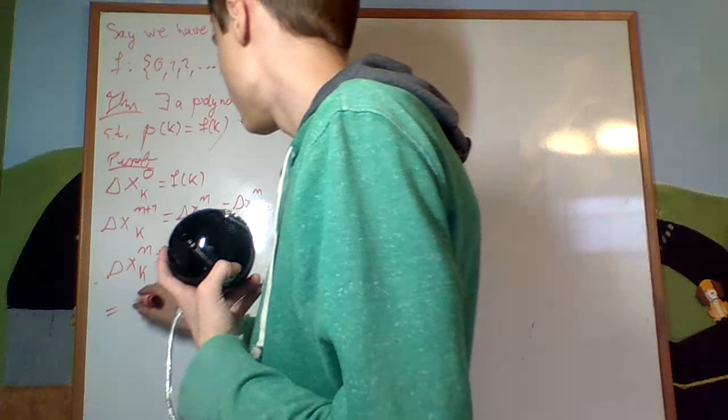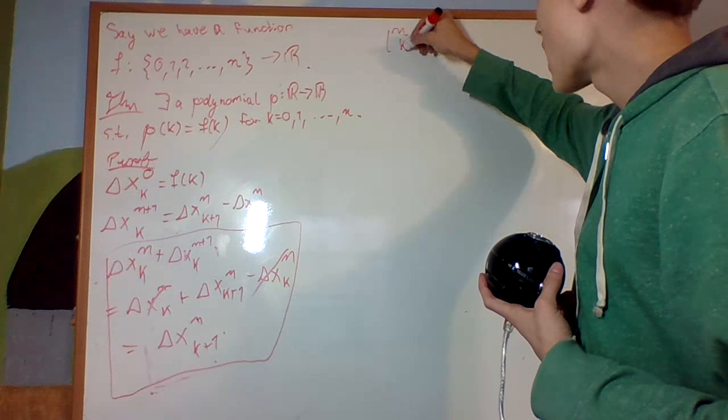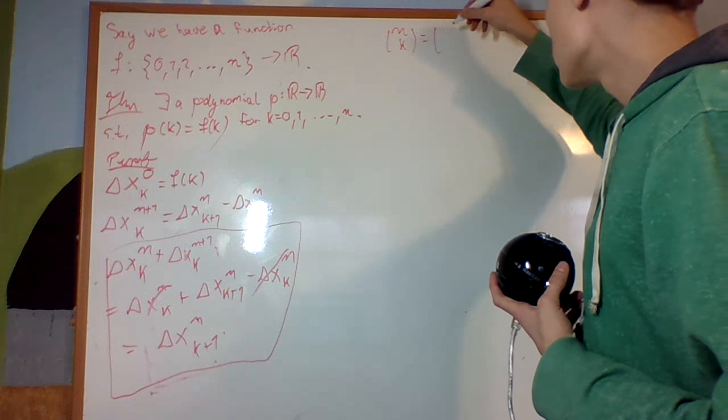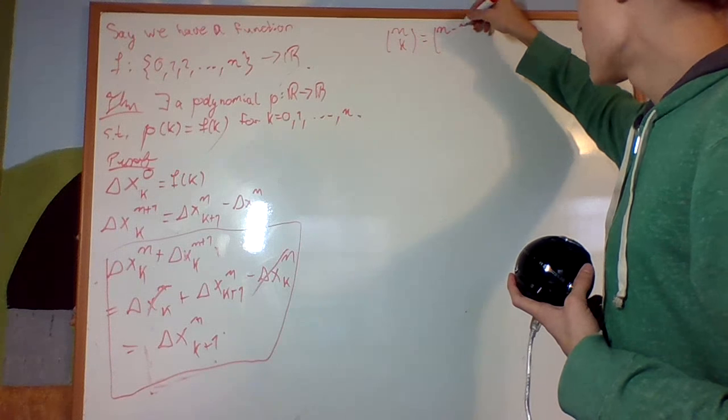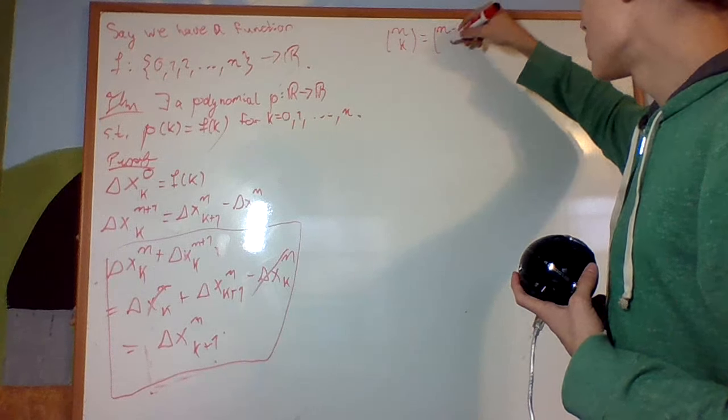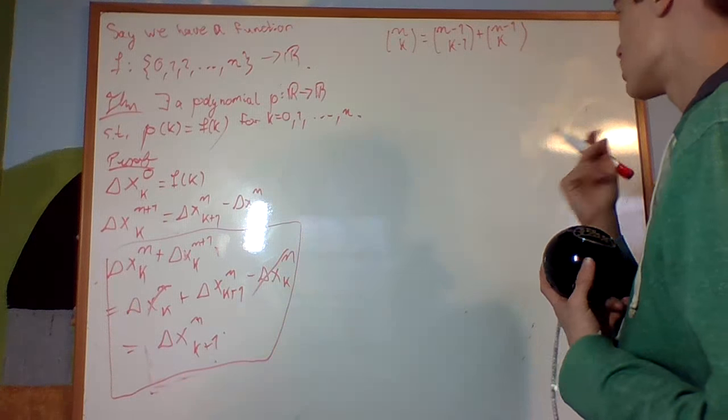Okay, and another important fact is about n choose k, is that n plus 1 choose k is equal to n choose k minus 1 plus n choose k.